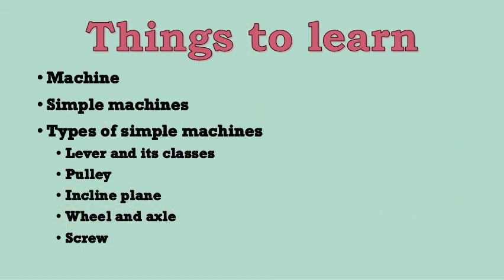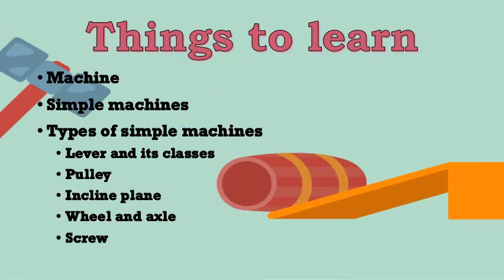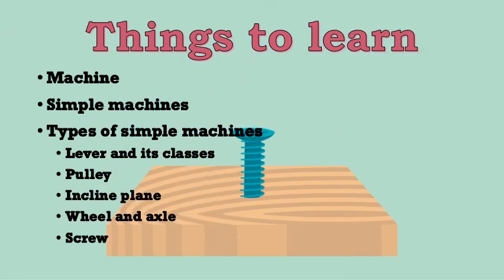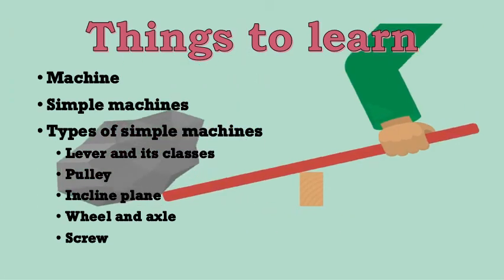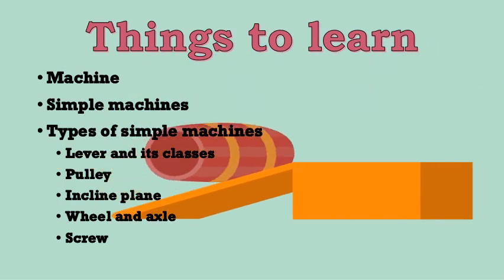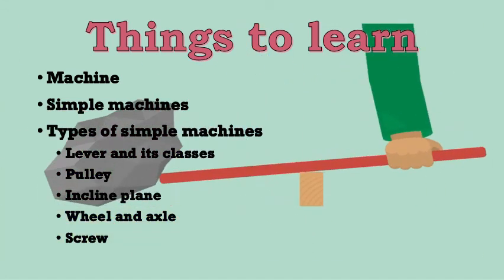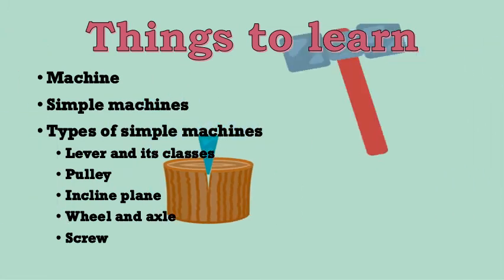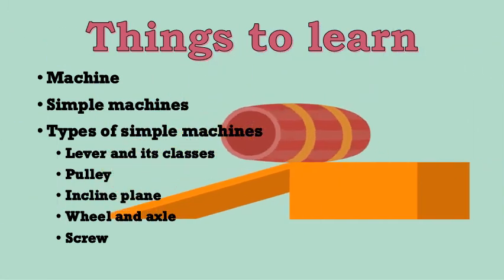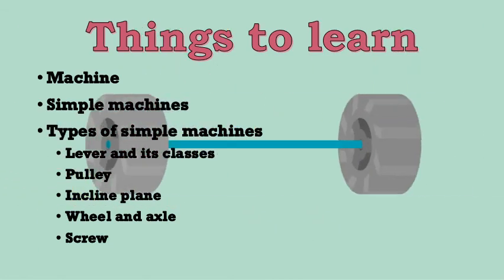Types of simple machines are lever, and when we learn lever, we will learn its classes as well. Lever has three classes, and we would learn those three classes in detail. After learning lever, we would start learning pulley, inclined plane, wheel and axle, and screw.